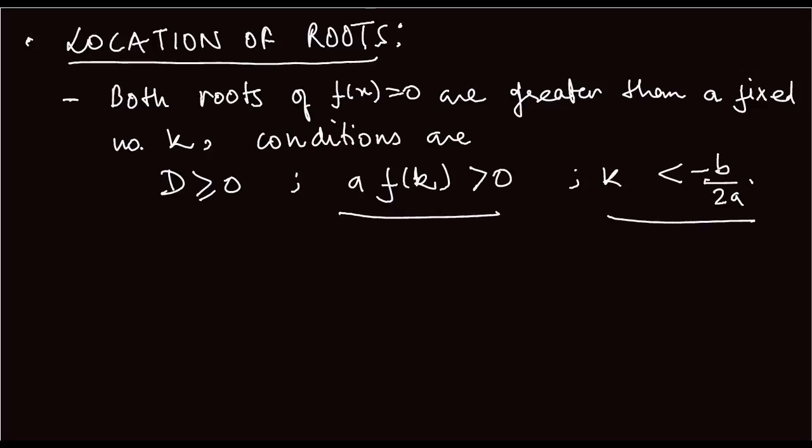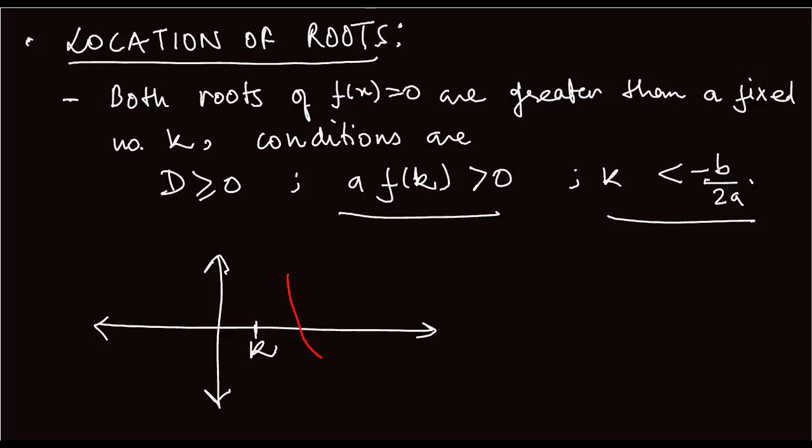Why are we following these conditions? Let's draw the graph. Let's say we have a point k here, and let's say we have the graph like this. So we have two points, one here, one here. We are saying k is less than minus b by 2a.